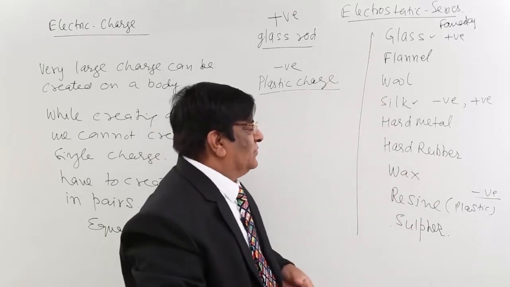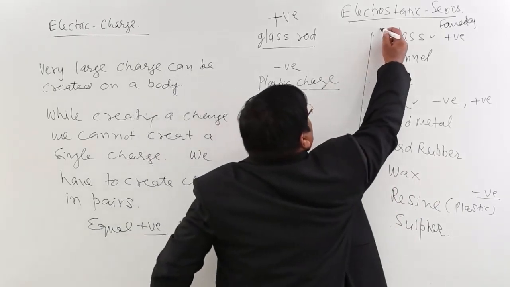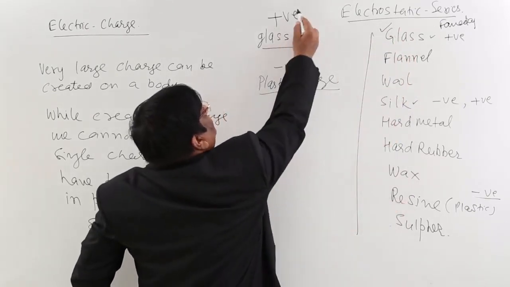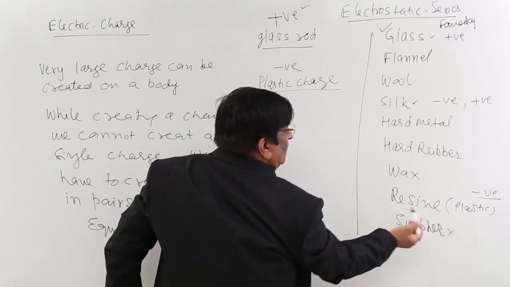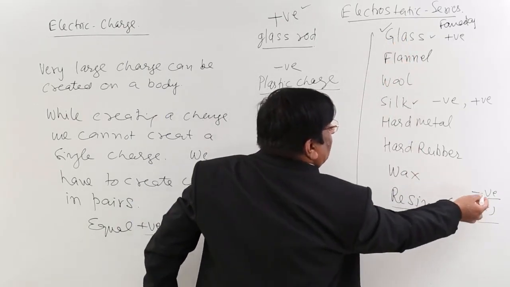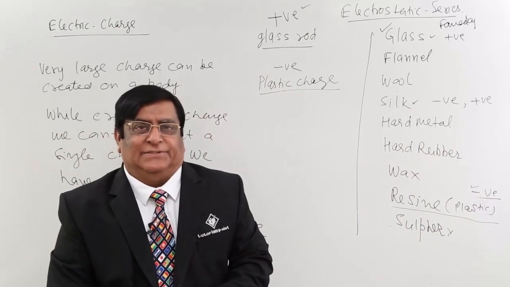At that time it was used a lot, and this gives us a representation. On top of the list is glass. Glass rubbed with anything will always become positive, and sulfur we don't use practically much. Resin or plastic rubbed with anything will always become negative.